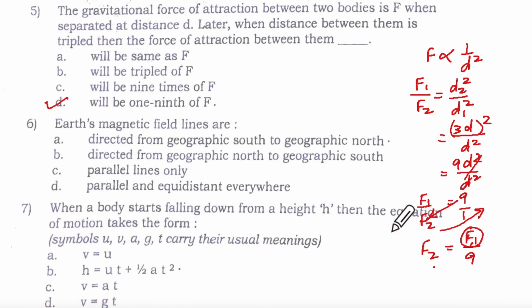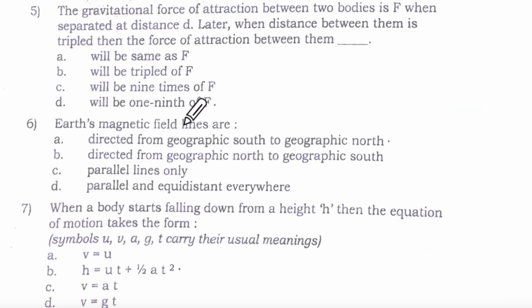Can you see how much work they required? Now, Earth's magnetic field lines are directed from geographic south to geographic north. Now remember, your earth will have the poles.